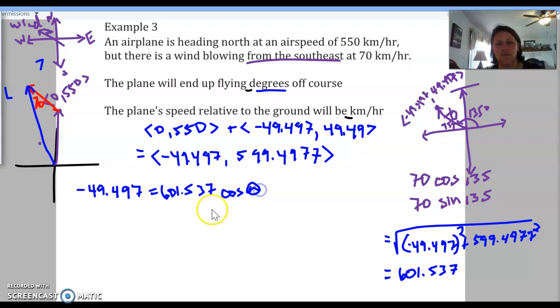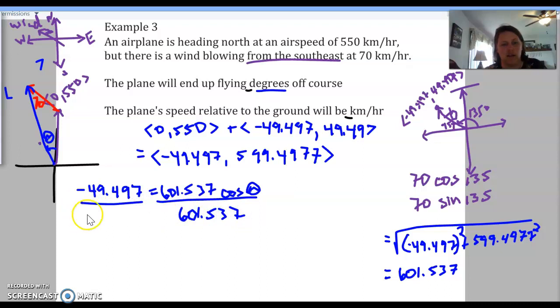Okay, so magnitude times cosine theta is equal to our x value. So we need to figure out what our theta value is. This is the theta that we are trying to find right here. Now, because we are working with cosine, this quadrant 2 is going to give me the first solution of the arc cosine of a negative value. So I just need to find my first solution here. So divide both sides by 601.537.